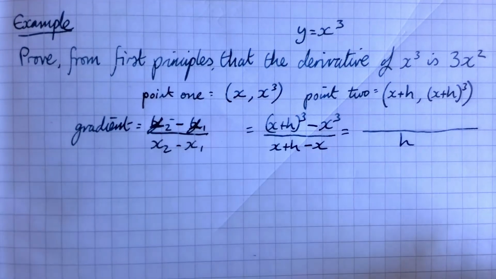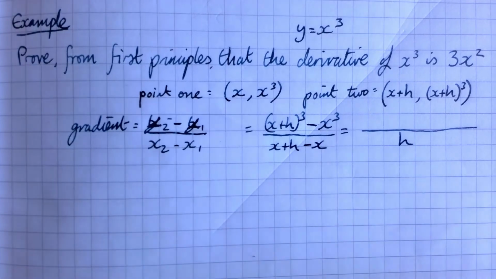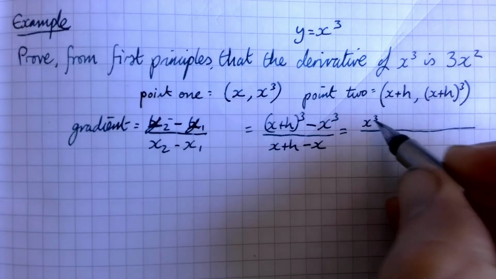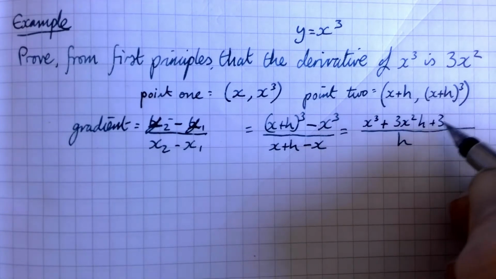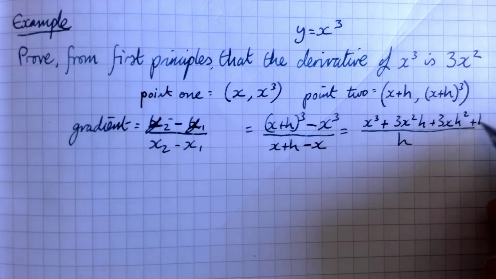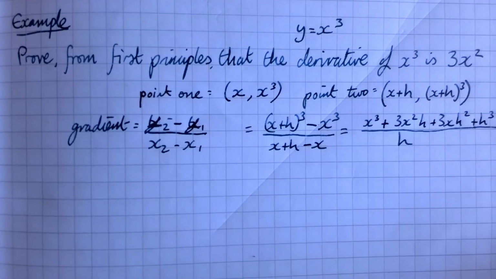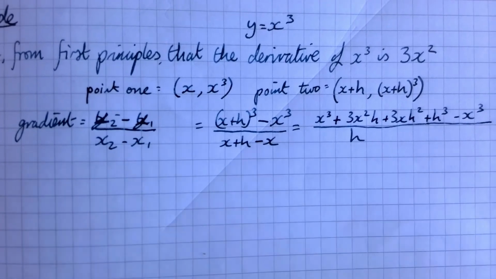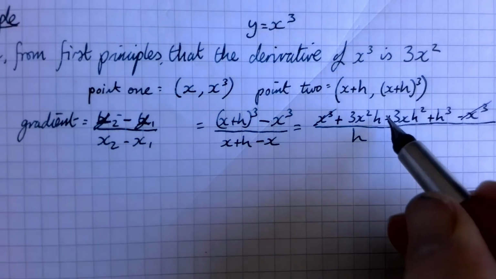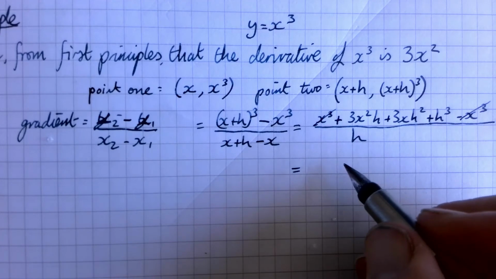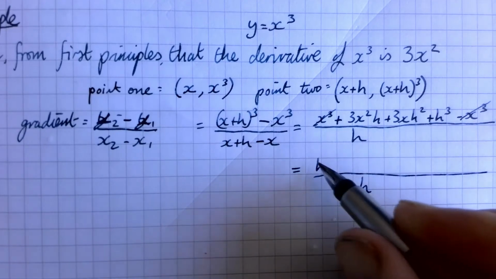Now we need to expand x plus h cubed, which is why we did that earlier in the starter, so I can then just write that out again. If you remember, we had x cubed plus 3x squared h plus 3x h squared plus h cubed, and then take x cubed on the end there. And what we can do with that is just cross those out, because that's going to cancel away, and then I can factorize the top, not fully factorizing it, just taking the h out, so that I can then cancel it with what we've got below.